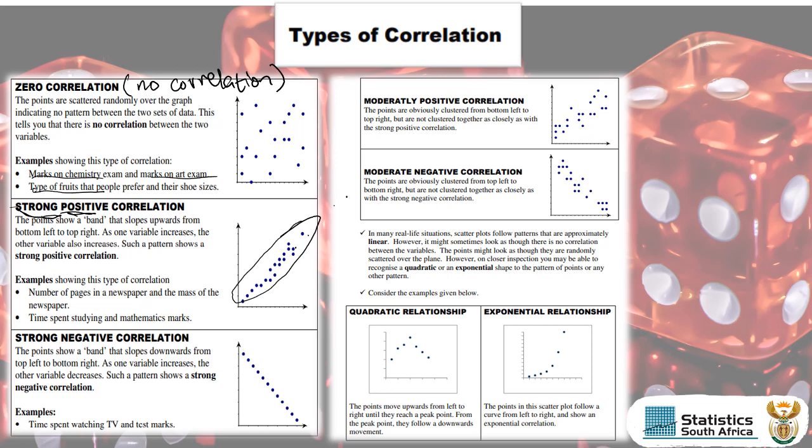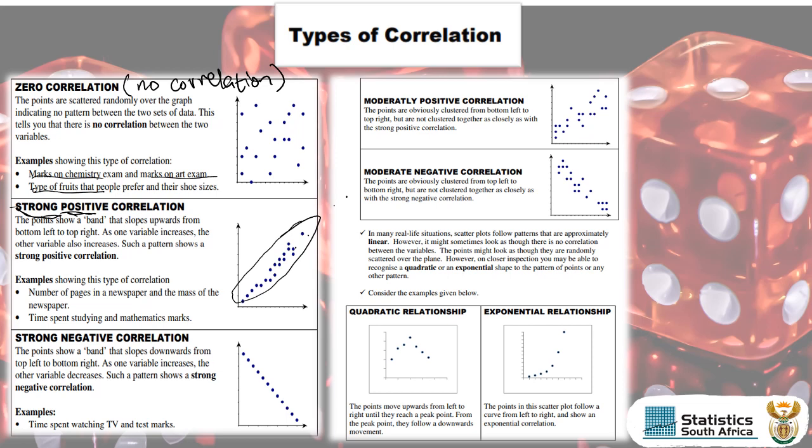So the relationship is there and is very strong. And the time spent studying and mathematics marks, right? Obviously, practice makes perfect. The more time you take while practicing, the better the marks you'll get on maths. So there's a strong positive correlation.